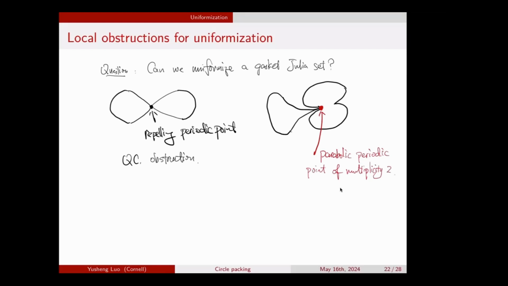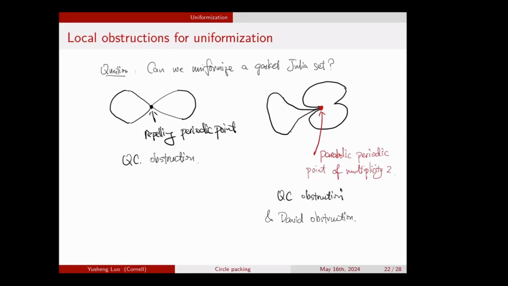Okay, so in this case, this is not only a QC obstruction, but it is also a David obstruction. So you cannot map a cusp of a parabolic neighborhood of a parabolic periodic point of multiplicity 2 by a David homeomorphism to a round disk.